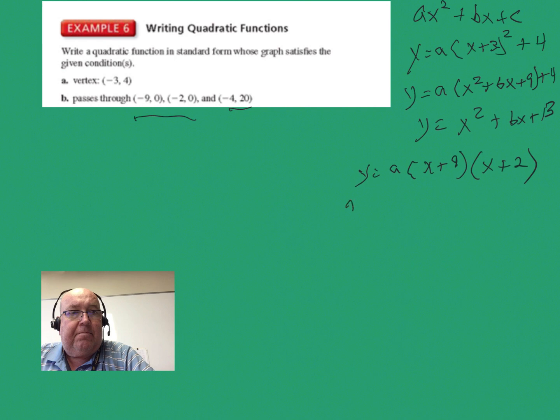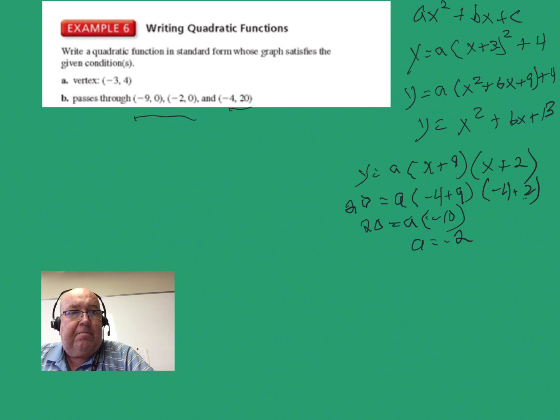So I'm going to have 20 is equal to a times negative 4 plus 9 and negative 4 plus 2. 20 is equal to a, and we have 5 and negative 2. 5 and negative 2 times negative 10. So a times negative 10. Our a value then is negative 2 after we solve everything.